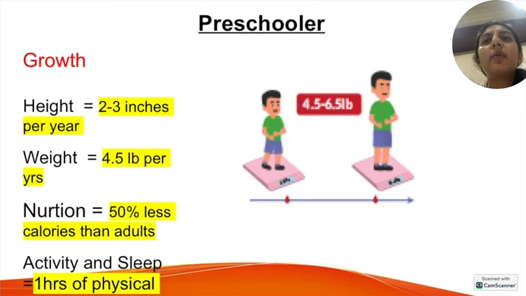For nutrition, they require 50% fewer calories than adults, with 5 servings of fruits and veggies per day, plus protein, carbs, and fats. Now for activity and sleep: 1 hour of physical activity is advised at least per day, and allow 12 hours of sleep each night. Preschoolers have magical thinking and often do not understand cause and effect. Remember, this age group never understands cause and effect.